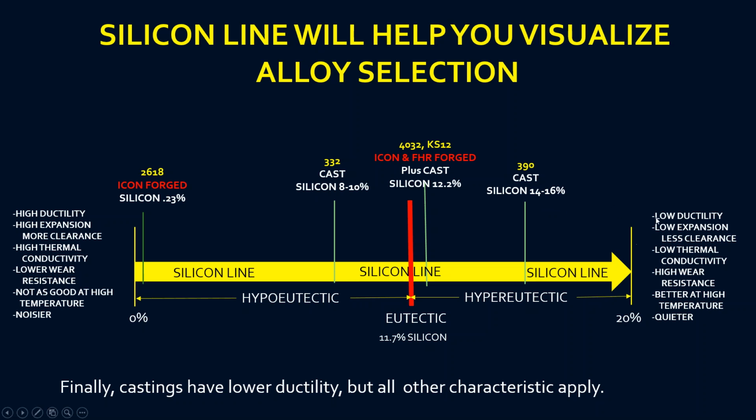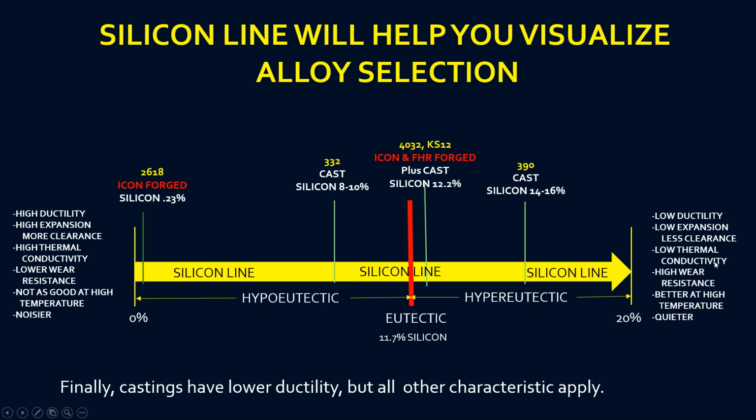Now, when you have that higher silicone, again, I'll be repetitive, you have lower ductility. It's a higher tensile strength, a little bit more brittle if you want to look at it that way. You can have tighter clearances on the skirt because it has a lower expansion property. It maintains its shape without growing.